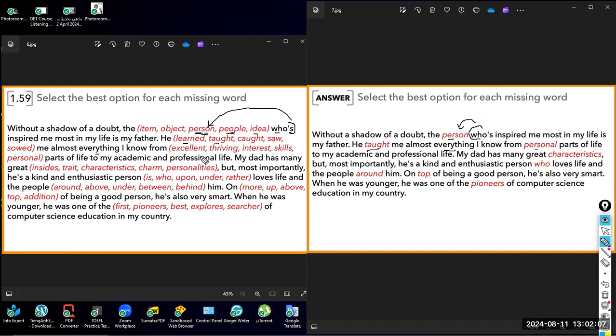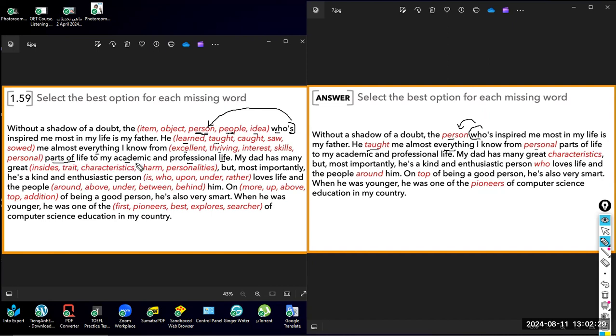Okay, so notice here, guys, that we have excellent, thriving, interest, skills, and personal. And if you want to read after the word, we notice that I'm talking about parts of life, academic and professional life, and personal life. So I'm talking about these adjectives.